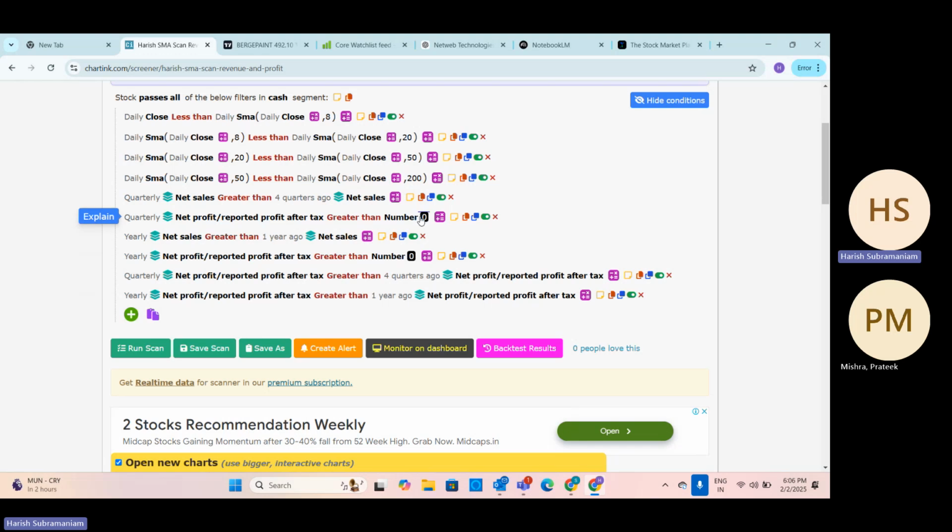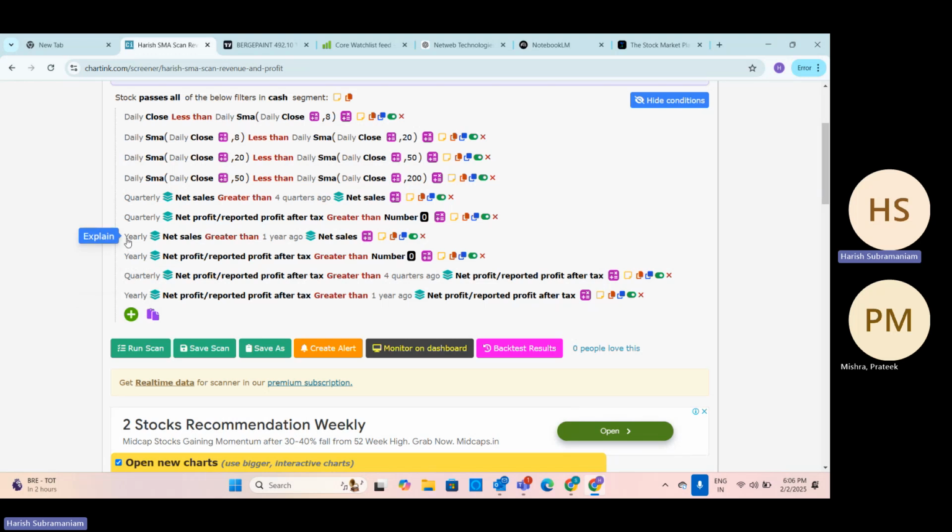So we are making this greater than zero so that, let's say 4 quarters ago the company had a loss of minus 50 crore, and this time the company had a loss of minus 10 crore. Even then the quarterly profit of this year will be greater than the quarterly profit of 4 quarters ago. So we want the profit to be greater than zero, and the profit should have increased, and the sales revenue should also have increased. We are doing that on a quarterly basis.